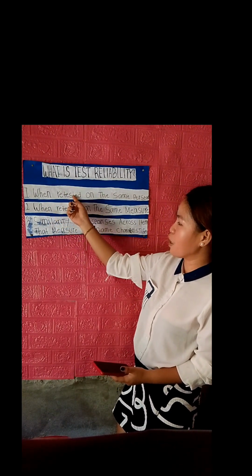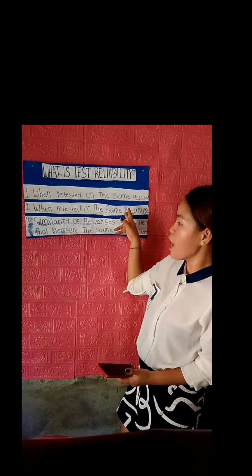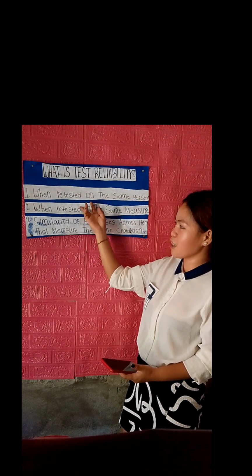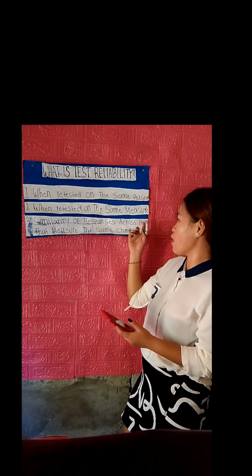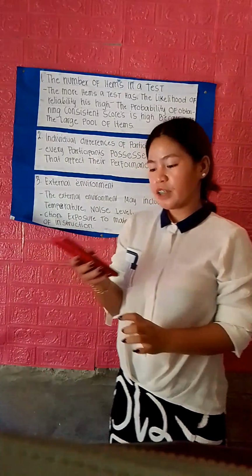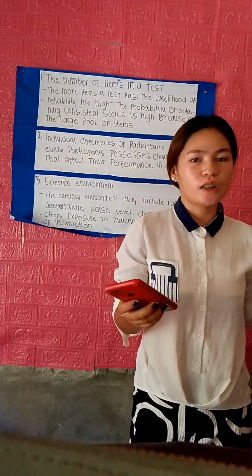So this is the similarity of the 1 and 2, when retested on the same person and when retested on the same measure. Tapos yung dalawa nila, yung similarity nila is yung across the item, like meron siyang same characteristic, but meron ding not difference, iba-iba silang pagkakaano. So speaking of internal consistency, kanina sa number 3 is similarity.